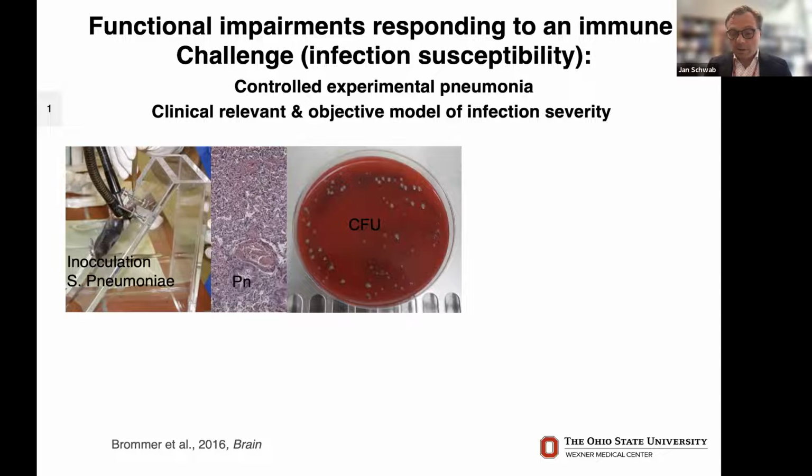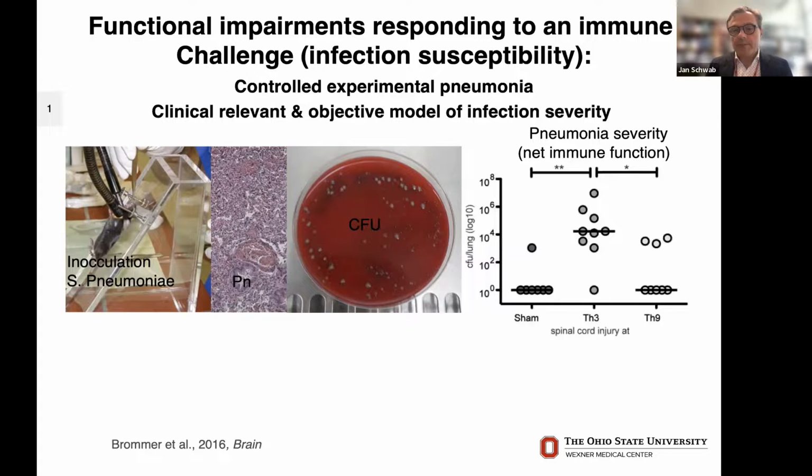So if we look at the numbers of bacteria, or the bacterial load, so we use pneumonia severity as a net assay for immune function, we can see that after high thoracic injury, these animals show a remarkable accumulation of bacteria compared to the low thoracic injured animals.